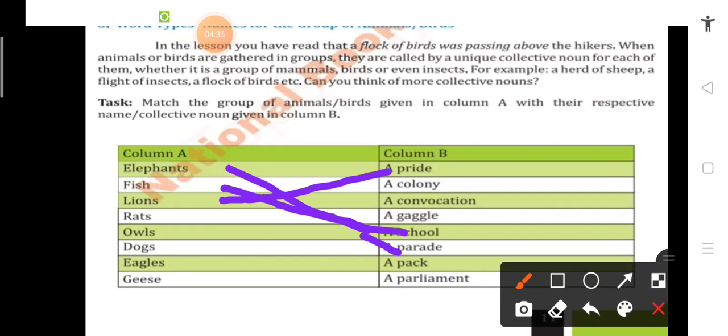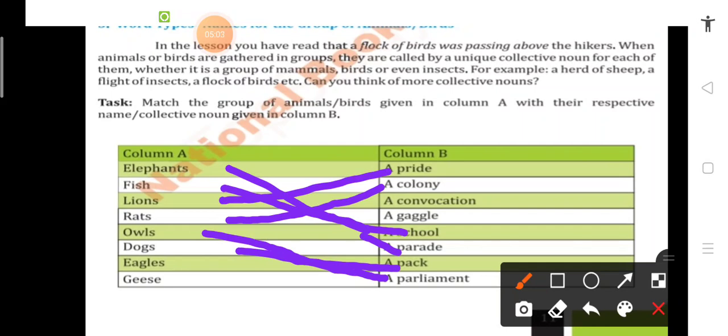Got it? Then rats. So group of rats is also called a colony. So you will match it with a colony. And owls. A group of owls is called a parliament. So you will match it with a parliament. Dogs. So dogs, we will use it as collective noun, a pack.